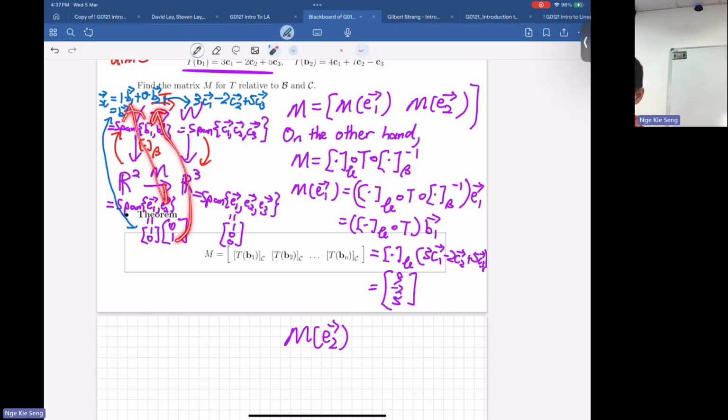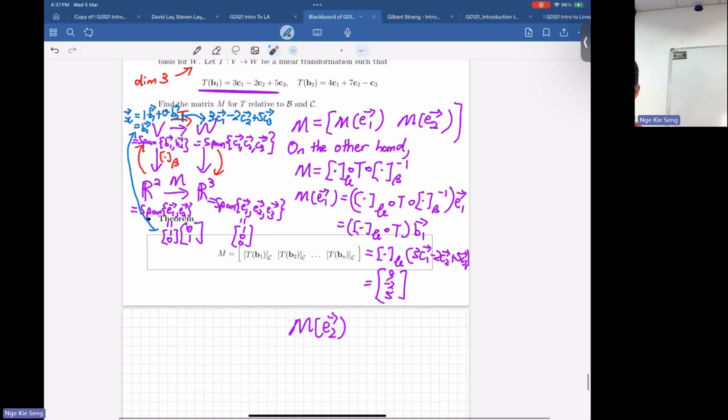So you are actually checking where B2 has to go. B2 goes to 4C1 plus 7C2 minus C3. Then you apply the coordinate vector with respect to C on 4C1 plus 7C2 minus C3, and you also get 4, 7, and minus 1.